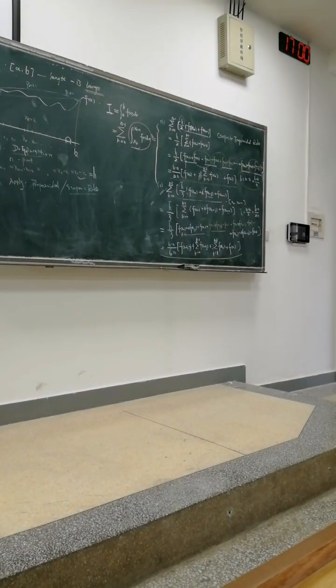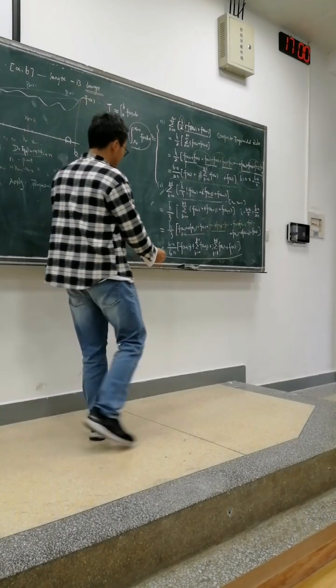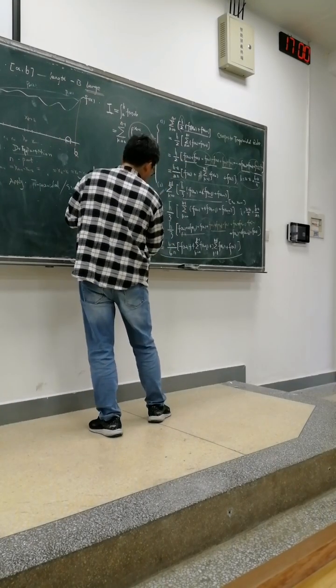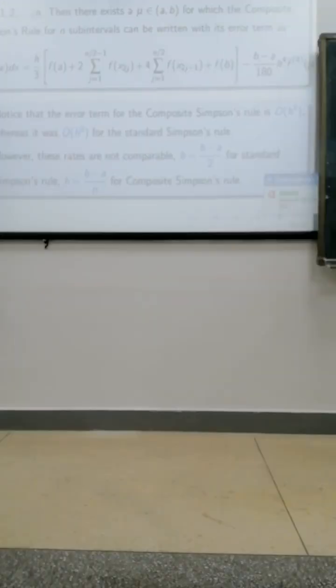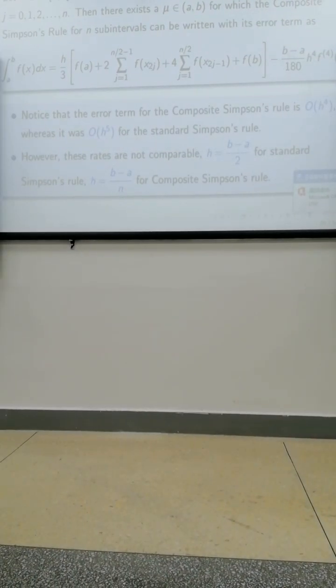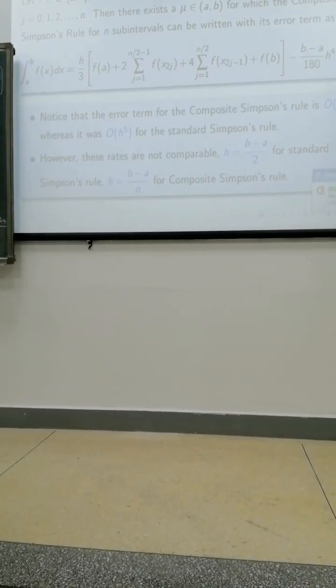This h should be 6, right? Like this: 6 over b minus a over n times 6. Okay, this is the composite.